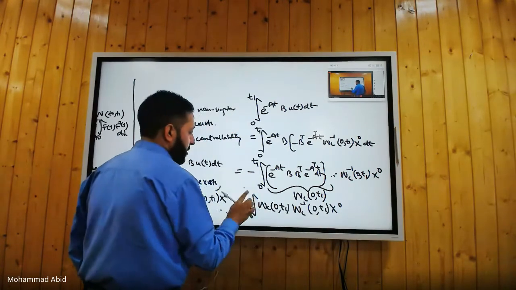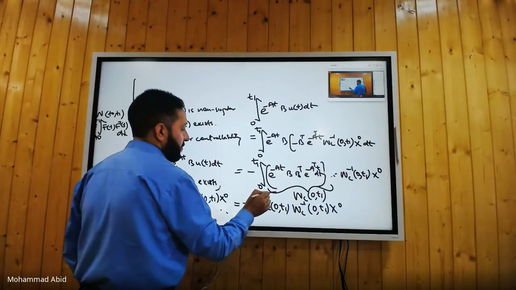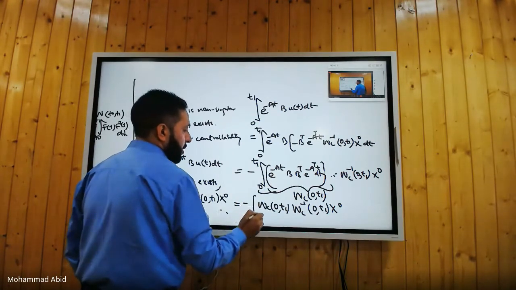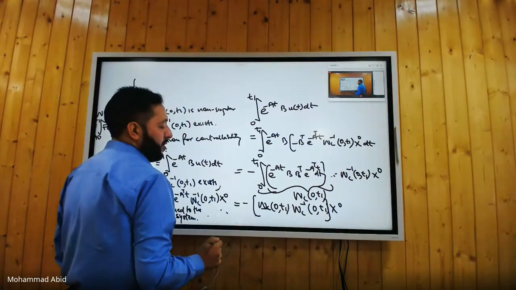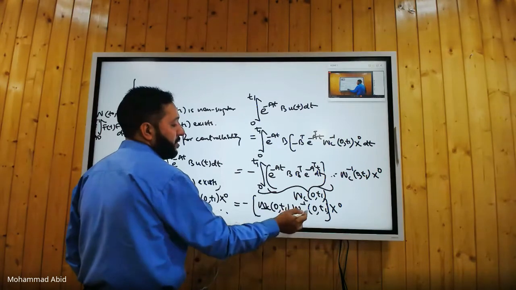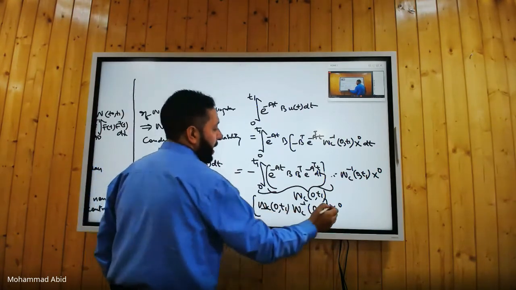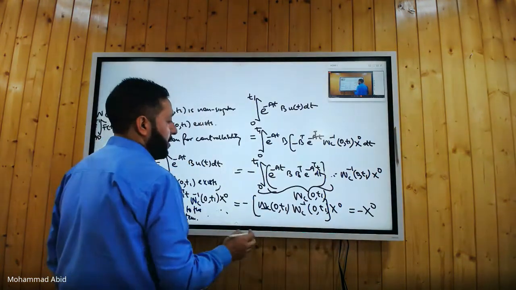Since we have assumed that this is non-singular, this is invertible, so this will be equal to I, which is equal to minus x naught, which is actually the condition for controllability.